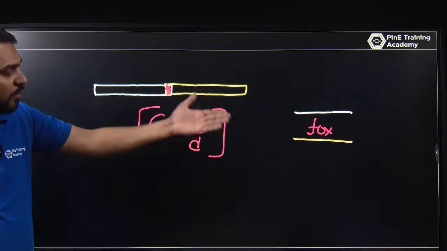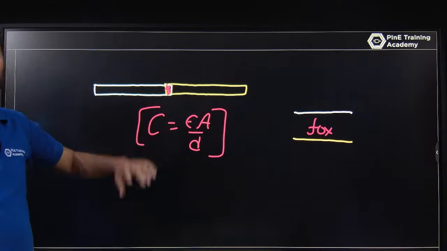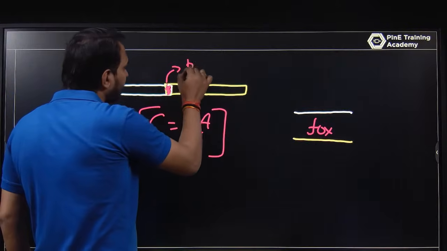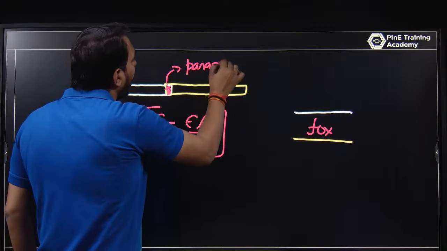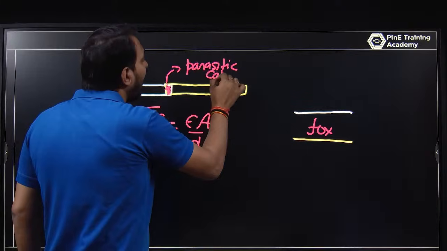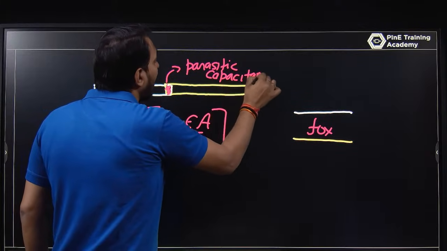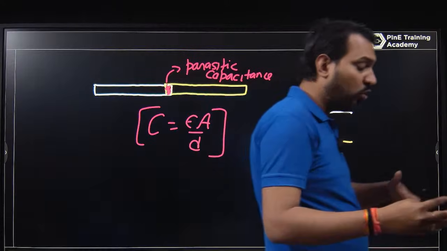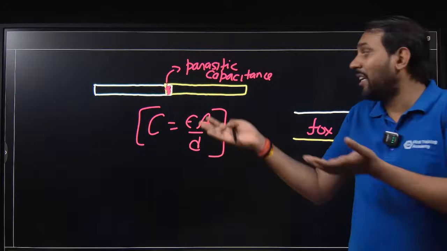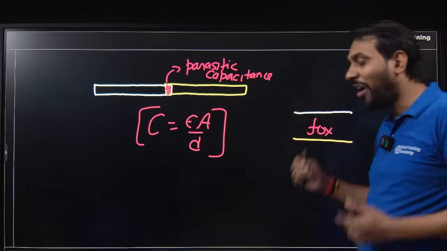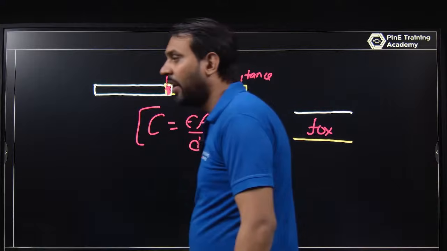So of course you have a capacitor, and this capacitor is called a parasitic capacitance. These are not physical capacitances, they are internal, unwanted capacitances. Whenever you don't want a capacitor and it is present, that becomes a parasitic, the unwanted capacitor present here.